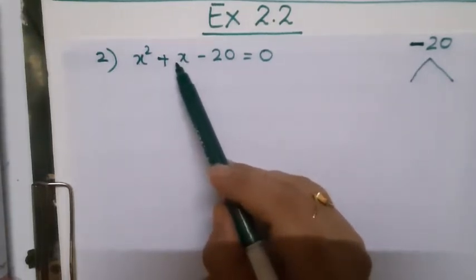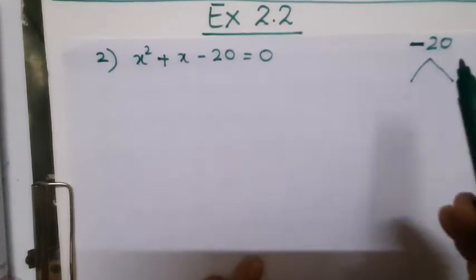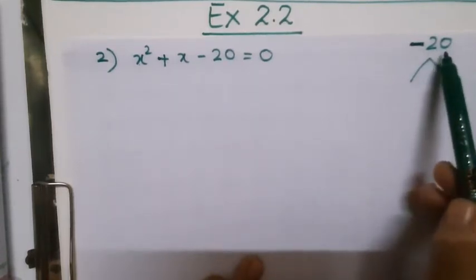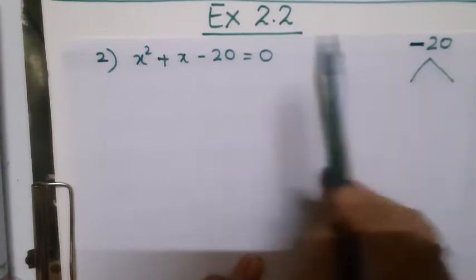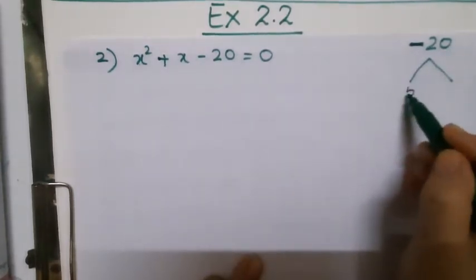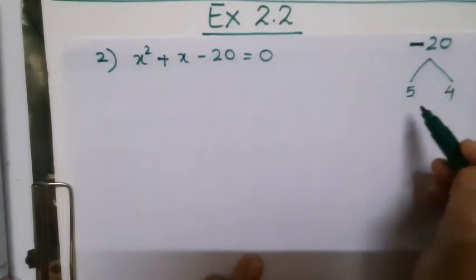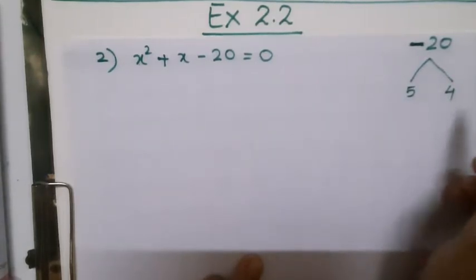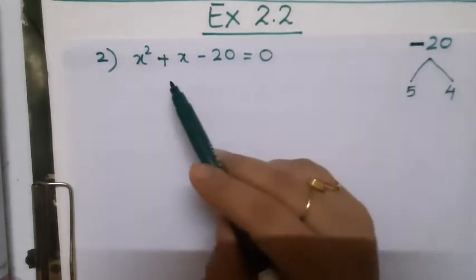The coefficient 1. So we must get 1 here. So we have to find the factors of 20 such that when we multiply we get 20 and when we subtract we get 1. So what will be the factors? 5 4s are 20 and 5 minus 4, when we subtract we get 1.